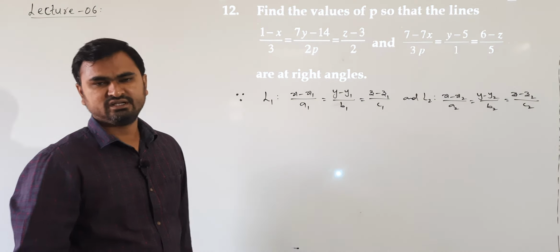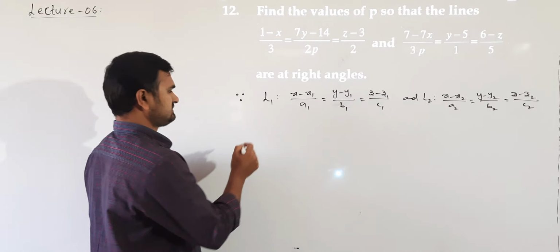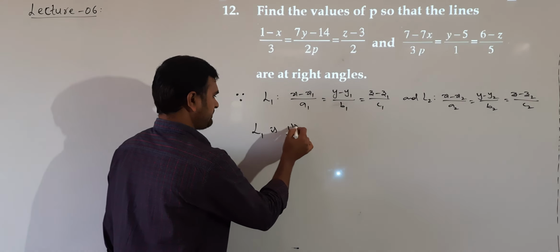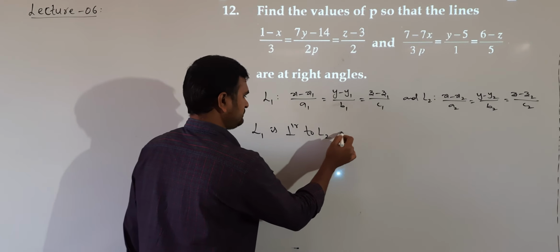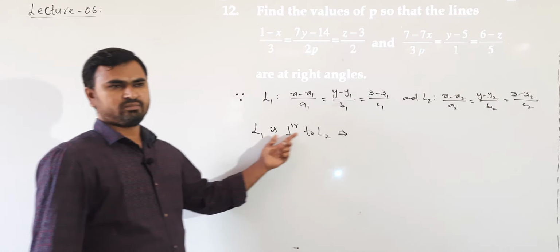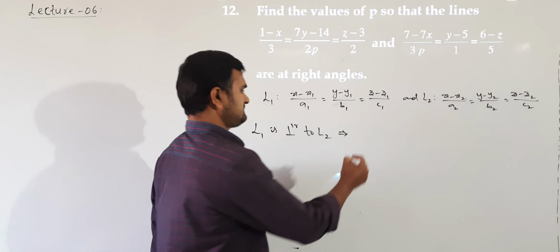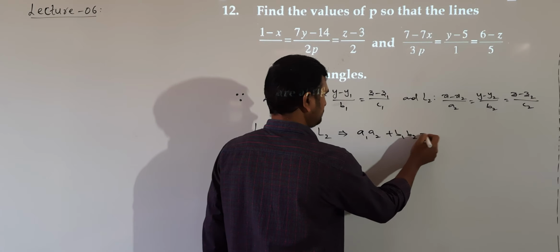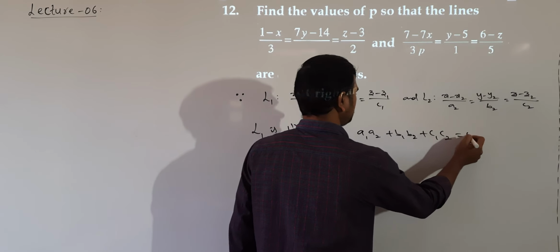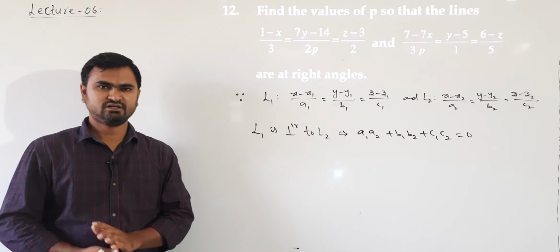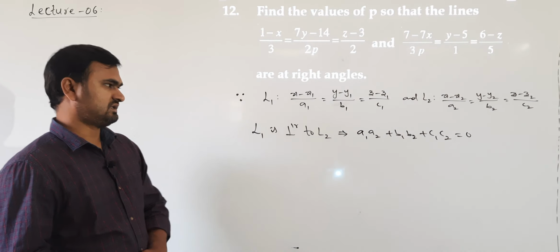If two lines are given in Cartesian form like this, L1 is perpendicular to L2 when a1 a2 plus b1 b2 plus c1 c2 must be 0. This is the condition for the lines to be perpendicular.